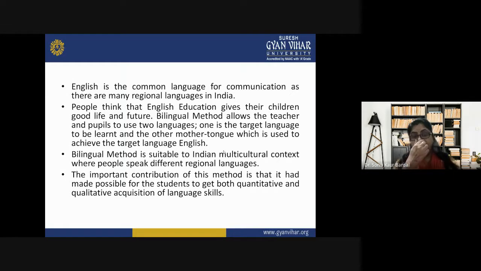So we all know that English is the common language for communication, as there are many regional languages in India, students. But this is the common language for communication.